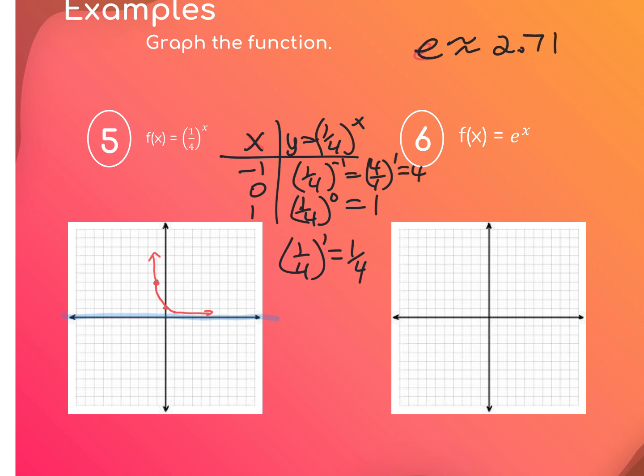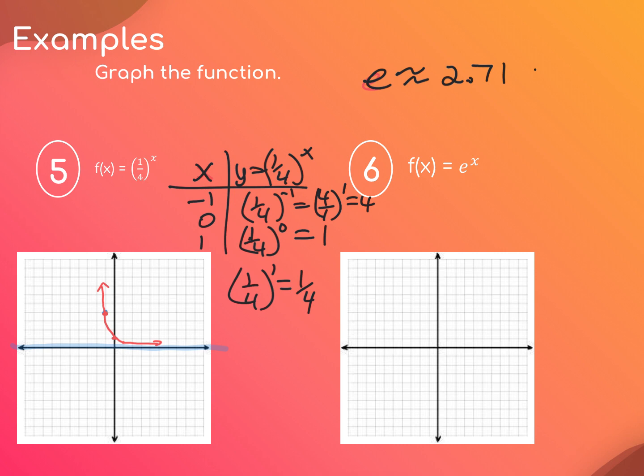Just like we use 3.14 for pi, we're going to use 2.71 for e. So if you are rounding, since our graphs are going by ones, you could think of this as being approximately 3. So when we go to graph, you know it's got to be close to the 3.